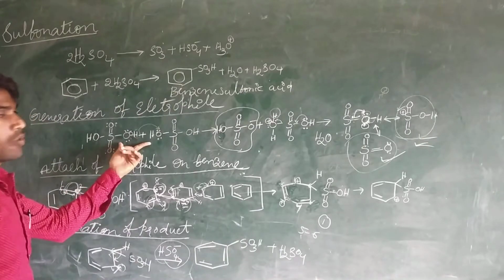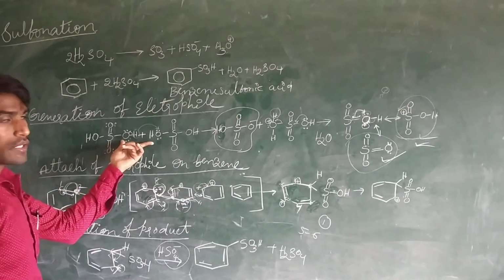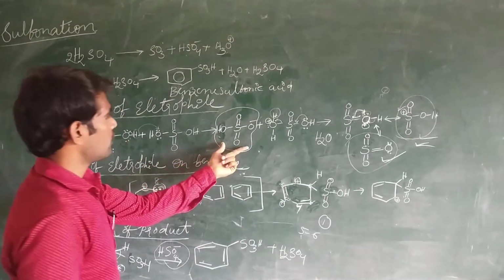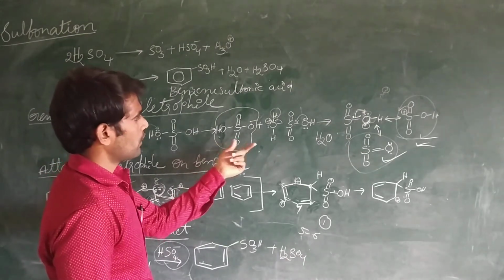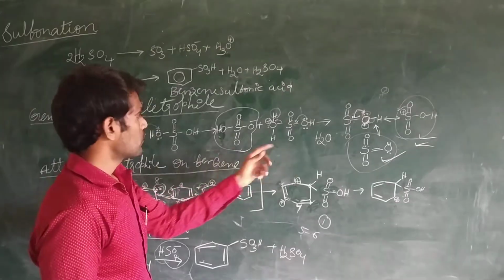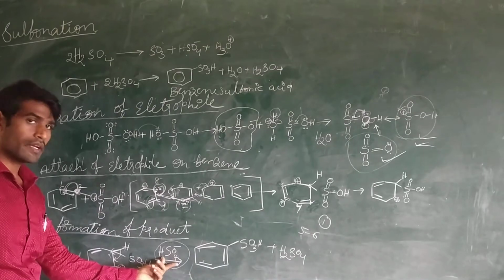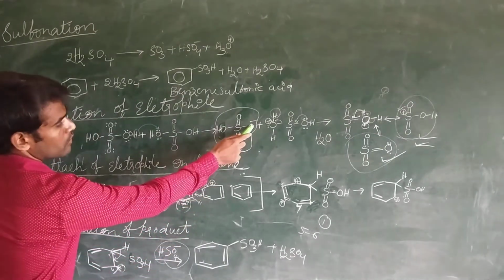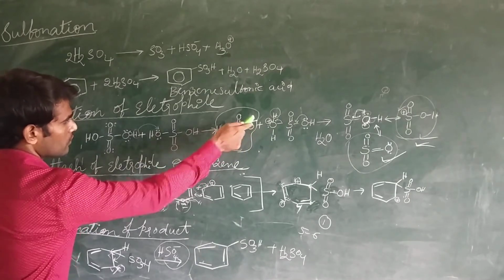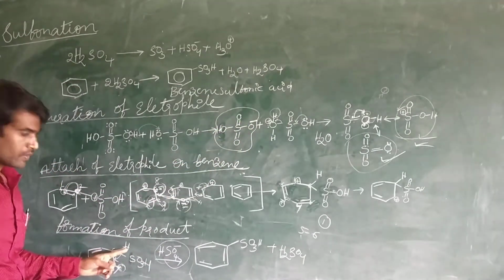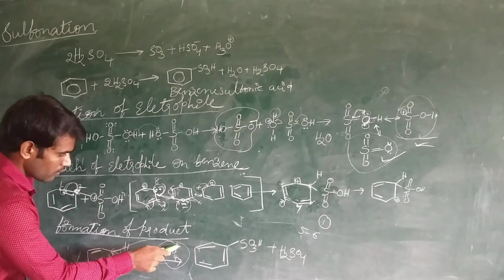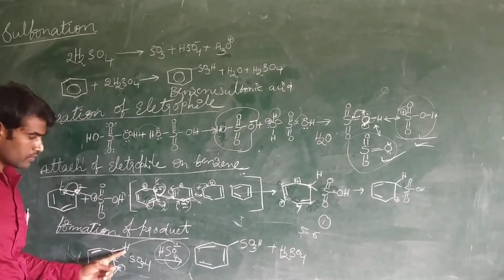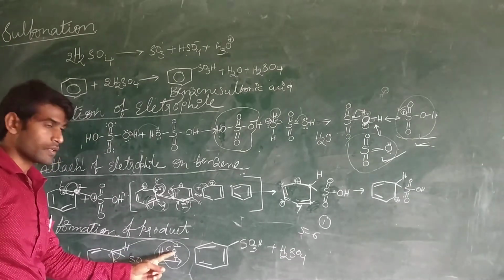When 2 moles of H2SO4 are undergoing reaction, 1 mole is converted into HSO4 minus, another mole is converted into like this. So anyway, now this HSO4 minus acts as a base, and in this HSO4 minus the oxygen has negative charge, right? This oxygen is pulling this hydrogen atom.